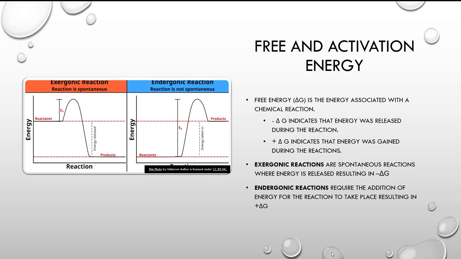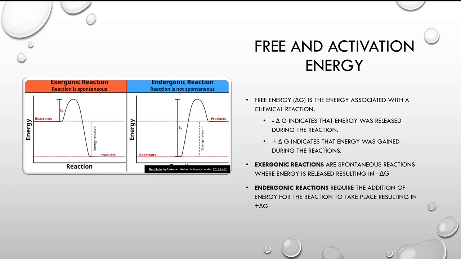If we have a positive amount of free energy, that indicates that energy was gained during the reaction. By the way, instead of writing free energy, we use this symbol, delta G. So if you see a negative delta G, that indicates that energy was released.